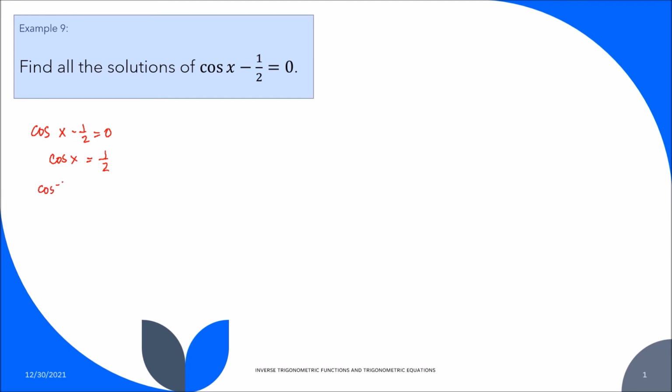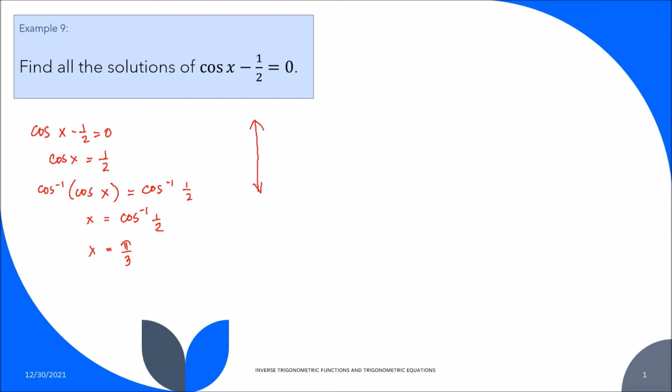Applying the inverse property, we have inverse cosine of cosine x is equal to inverse cosine of 1/2, so x is equal to pi over 3.